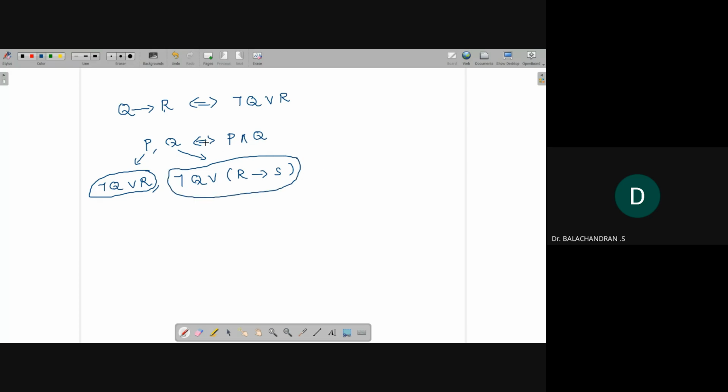Now, using this idea, I'll write this is equivalent to negation Q R R, that is P, and Q. Q is negation Q R, R implies S. Close this bracket, close this bracket. Now use distributive law.